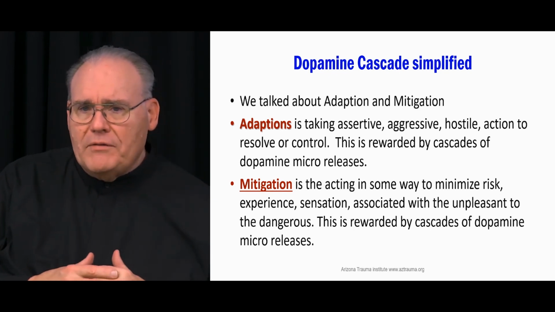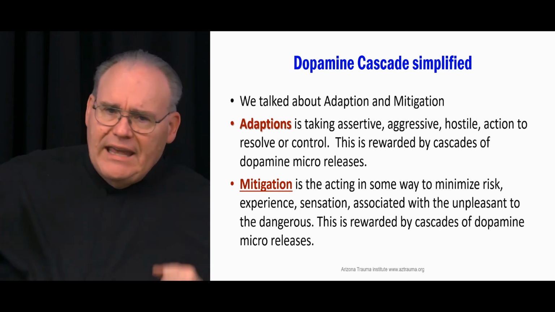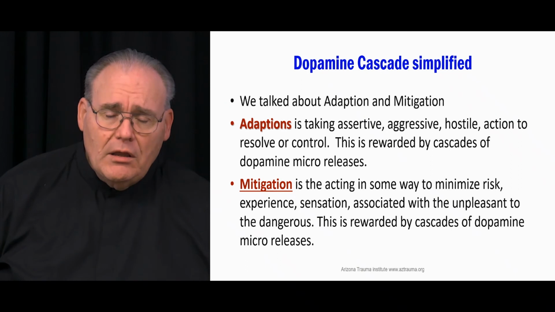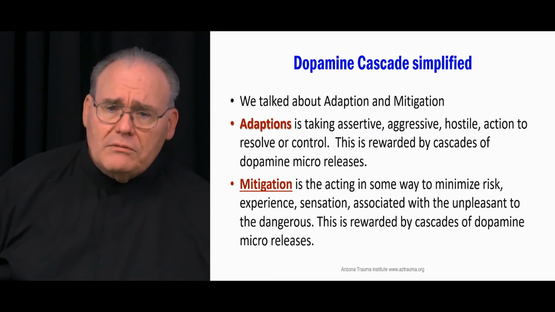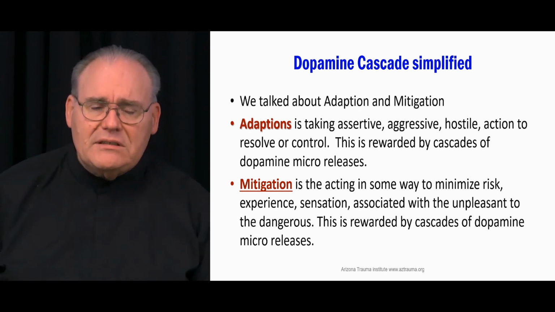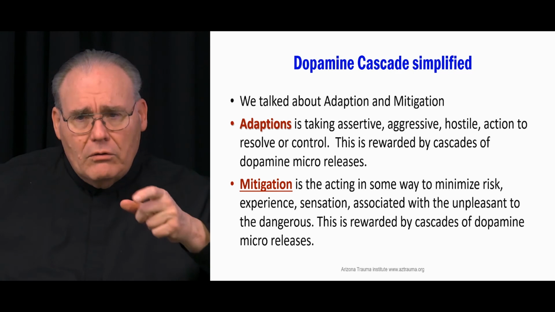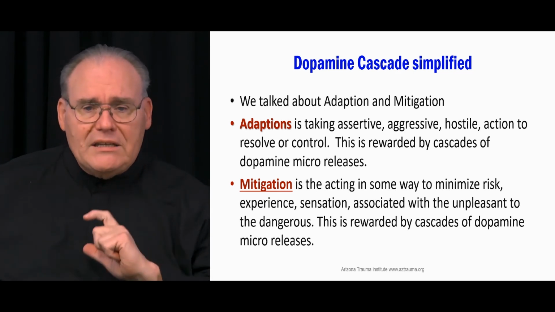They're going to be more of the aggressive, the controlling, they're going to take action to resolve. And you're going to have people that actually withdraw, shut down, and try to turn off those sensations. And regardless of which one you do, your body's rewarding you for it.